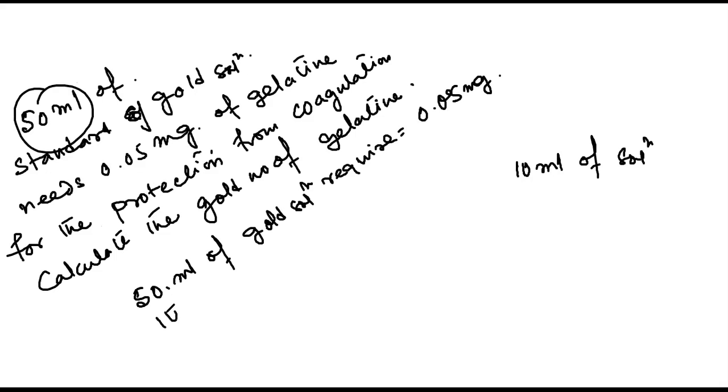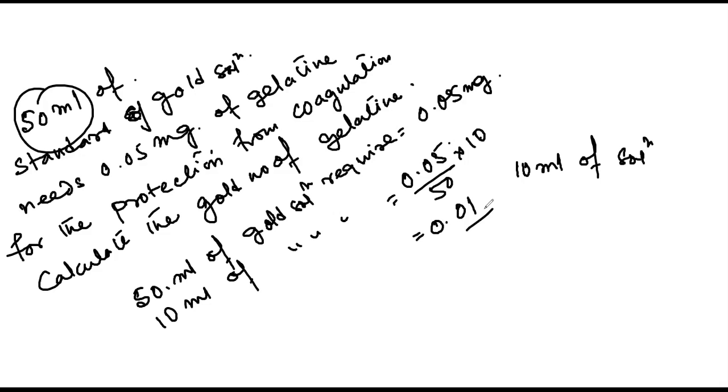So 10 ml of gold solution requires 0.05 divided by 50 multiplied by 10, that is equal to 0.01. So the gold number of gelatin is 0.01.